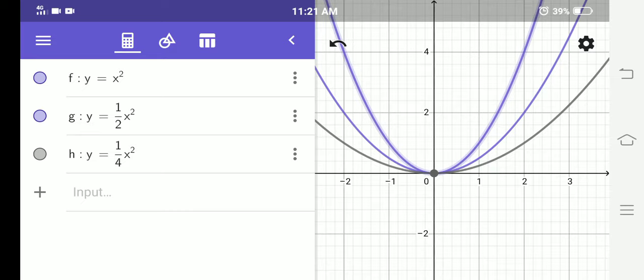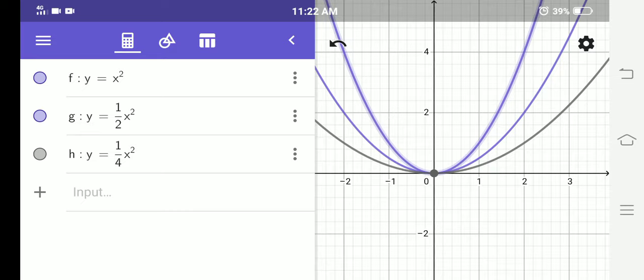So from that, we can say that kapag lumiit ng lumiit yung value ng a natin, ang parabola natin ay palapad naman ng palapad, or it gets wider and wider. Pero hindi pwedeng umabot ng 0 yung a. Bakit? Kapag naging 0 yung a, hindi na siya quadratic. Ano na siya ngayon? Oo, magiging linear na.